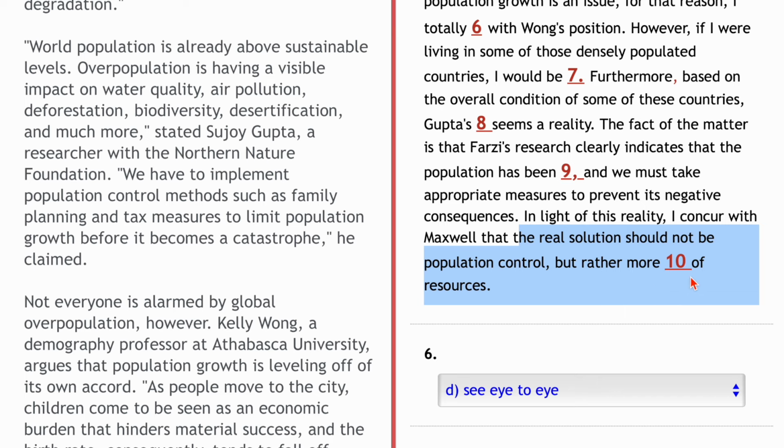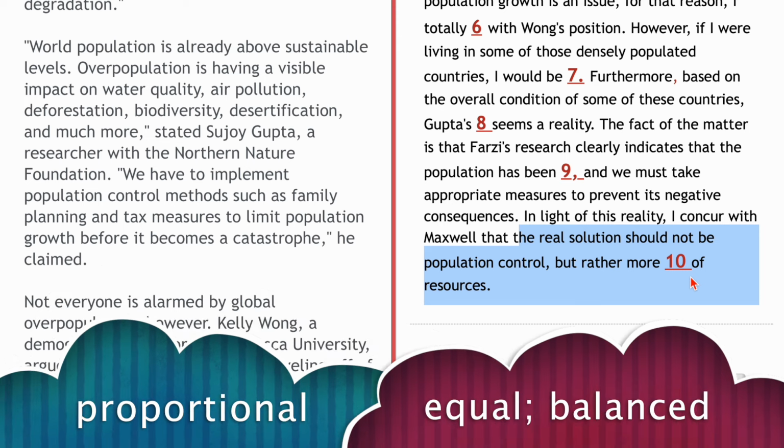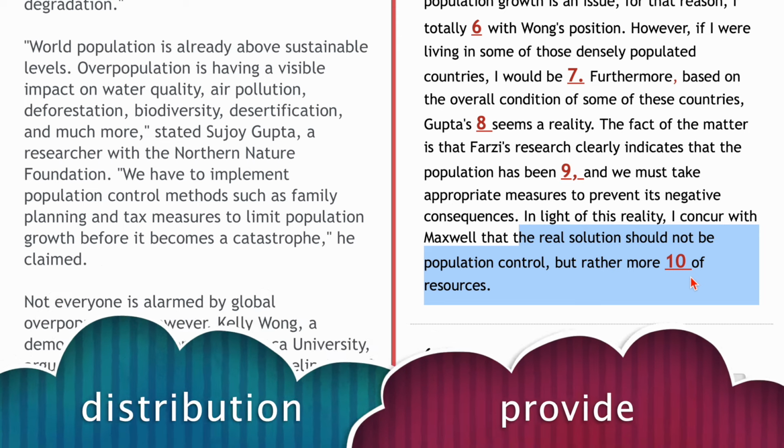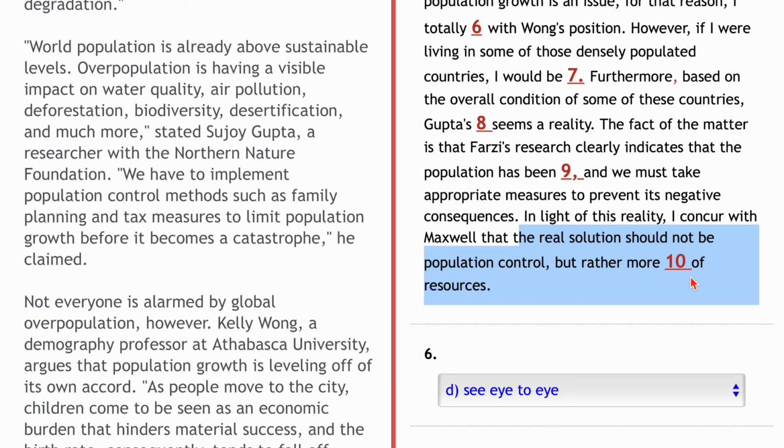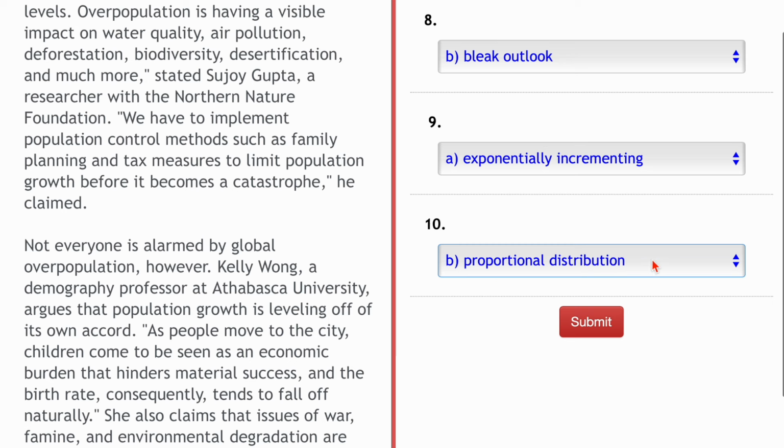Proportional here means equal. So equal distribution of resources. So we need to provide enough resources for all the population, not control the population, or not just enough, she said. Well, the key is that in rich countries, we do have population control, but we are consuming too much. So we need to provide some of those resources to countries that have more population. Okay, that's what it means by proportional distribution, equal distribution.